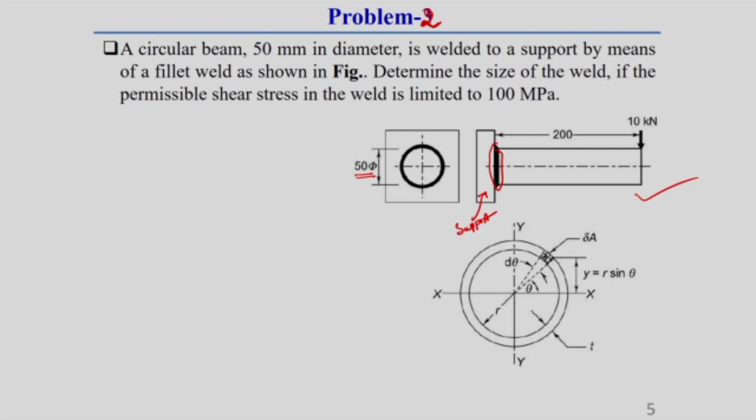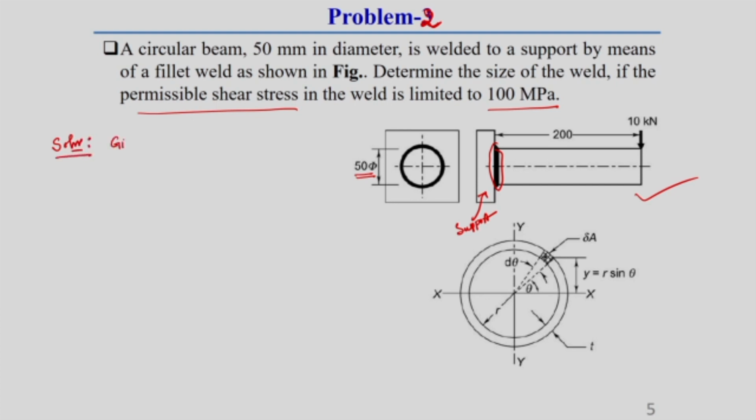You know that this fillet weld is a triangle type of weld which has a leg length and throat thickness dimension. So, we have to find out the size of the weld. Here the given permissible shear stress is 100 MPa. First of all, what are the things given?